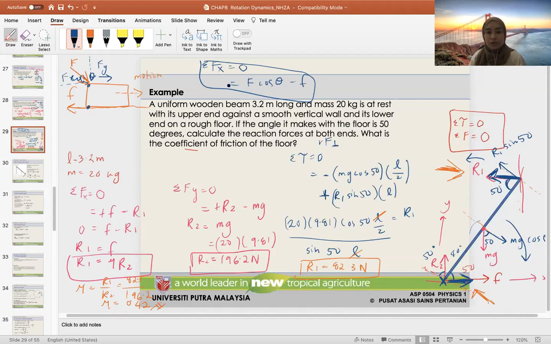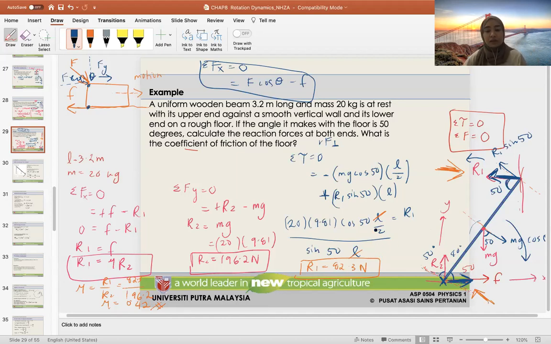So when we are talking about forces, we look at the system as a whole. But when we are talking about torque, then we look at specific points because we have to look at the perpendicular force to the beam and we have to know what is the length to the axis of rotation. So torque is the equivalent to force in the angular quantity, but it's not exactly the same. Okay.